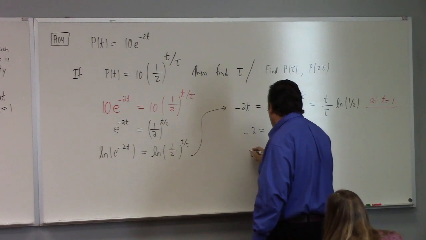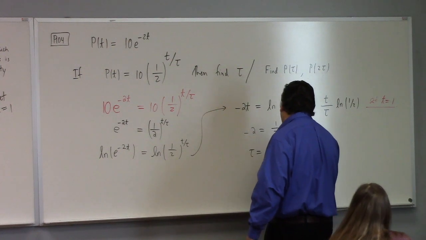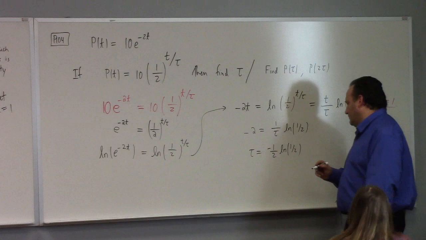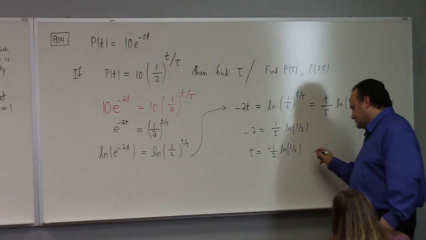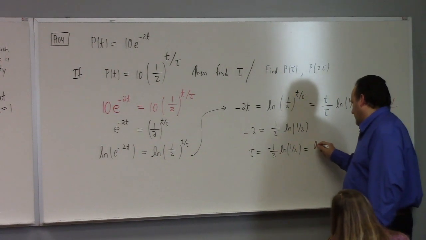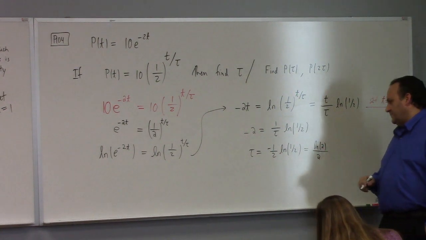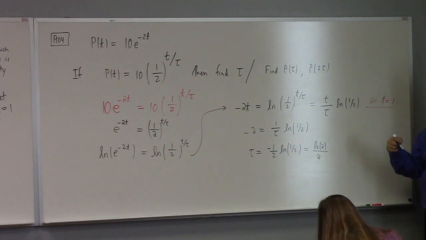So this gives me tau is equal to minus 1/2 natural log of 1/2, which I could rewrite as the log of 2 over 2. I like that more. Listen, log of 1/2 is equal to minus log 2. Do you guys understand that?